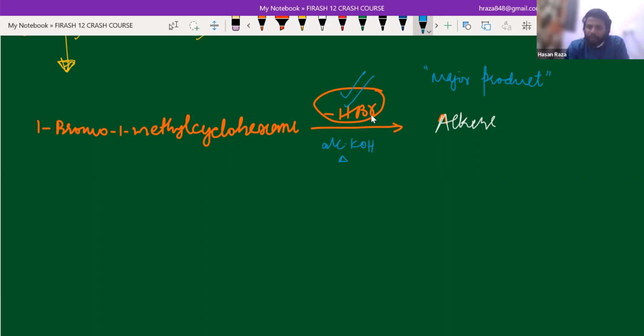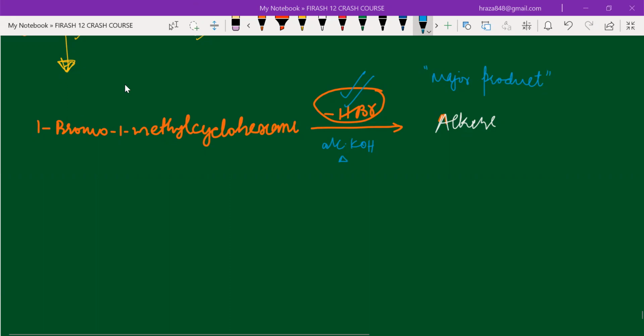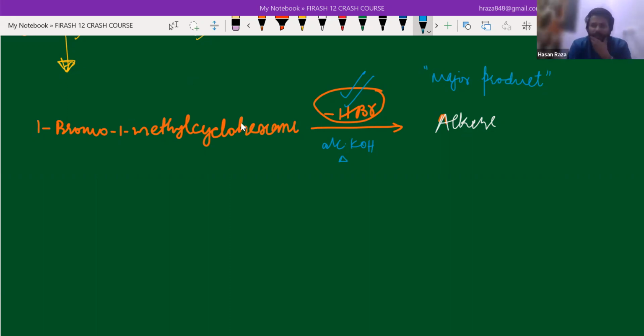Russ, please do let me know if you are able to solve it or not. 1-bromo-1-methylcyclohexane. Let me draw the structure first.